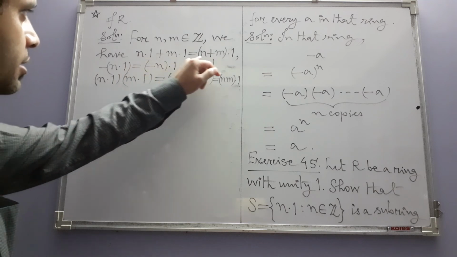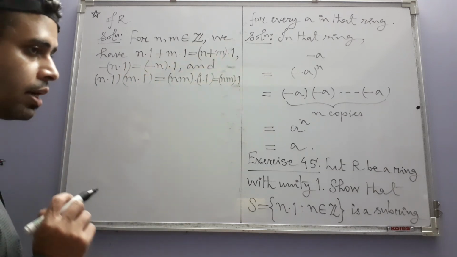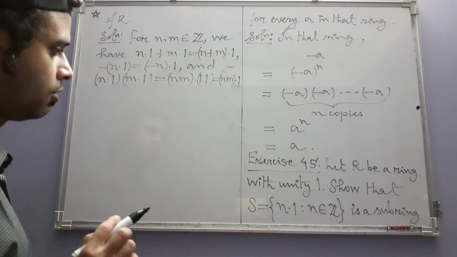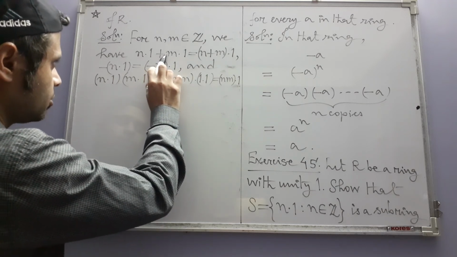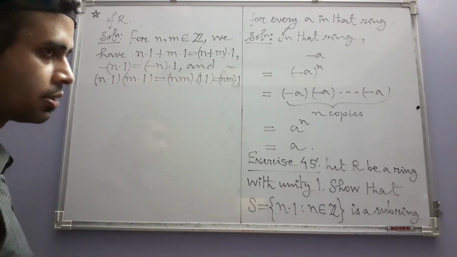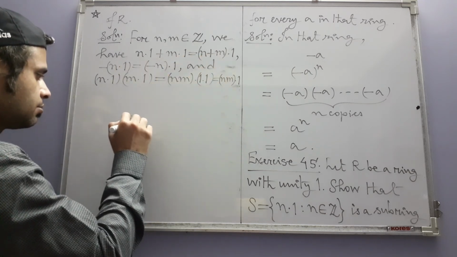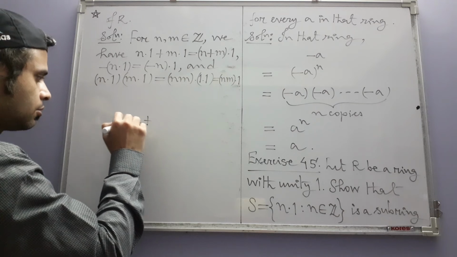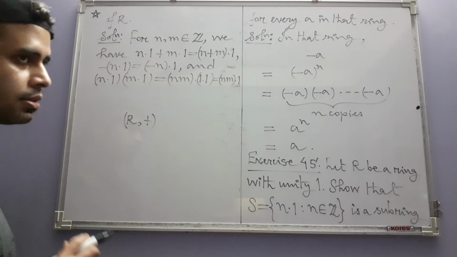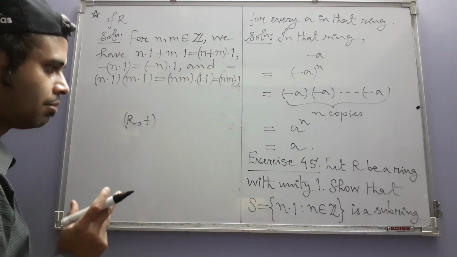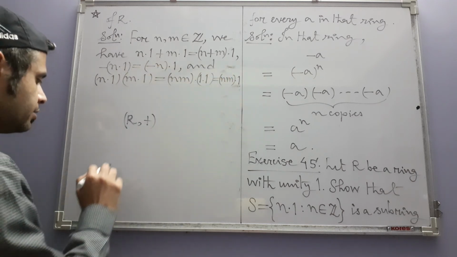Do you see what this equation is? This equation is actually one of the laws of exponents, rules of exponents, in the group R under addition. If we don't decide to write this binary operation additively, that is, if we use the multiplicative notation, then this same equation will look like this.